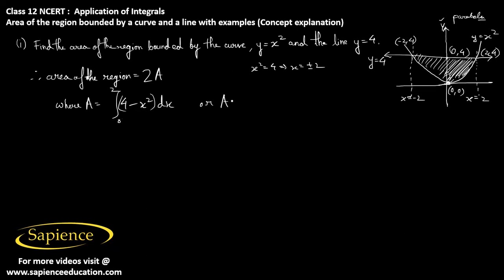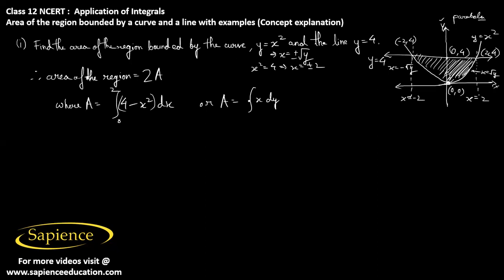Or we can integrate along the y-axis. If we do, then we will take the integral of x dy. From here, if we solve, then x will be equal to plus minus root y. The part which is in the first quadrant will have the equation x equal to root y, and the part on the negative side of the x-axis will have the equation x equal to minus root y.